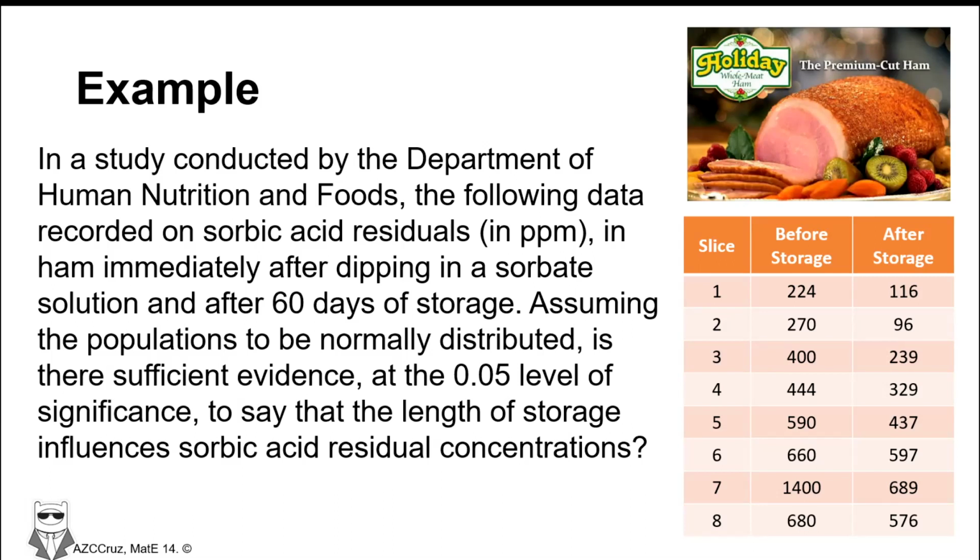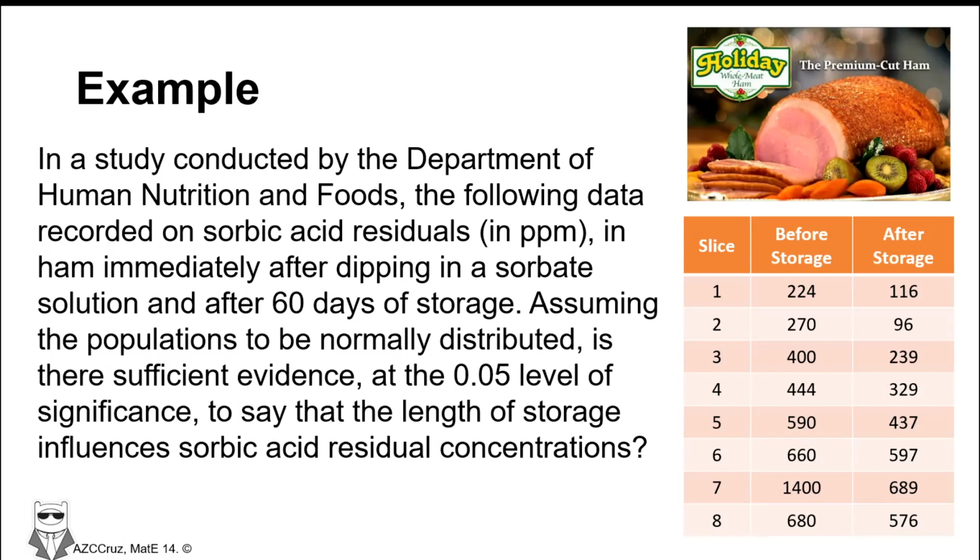Sige, try to think about it. So, si Kenneth and Andre answered two-tailed. That is correct, kasi kung influence lang yung term na ginamit and there is no mention of which direction we should take, then therefore, dapat two-tailed test to. Pero if the problem said specifically, so baguhin natin yung problem, kunwari sinabi niya na at level of significance 0.05, can we say that the length of storage increases the sorbic acid residual concentration?